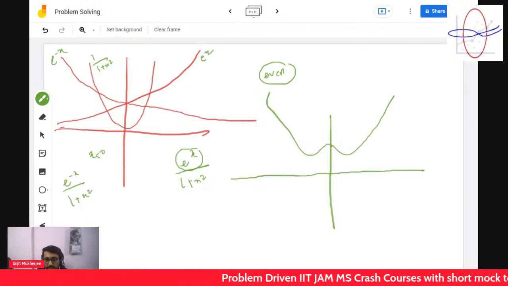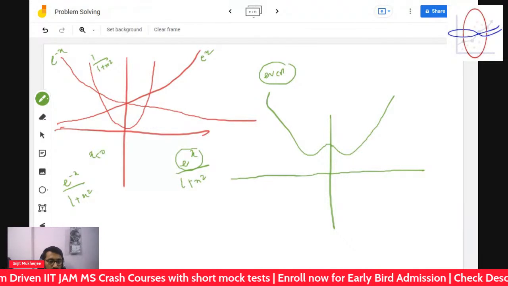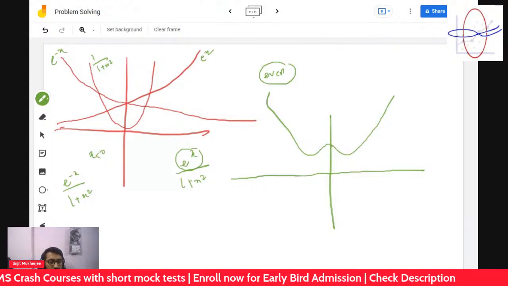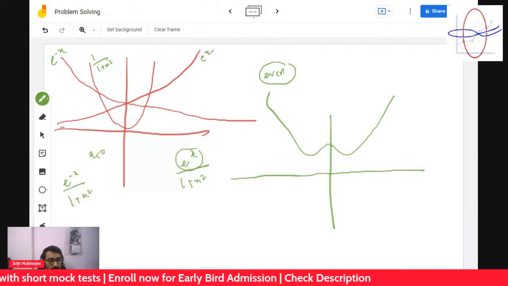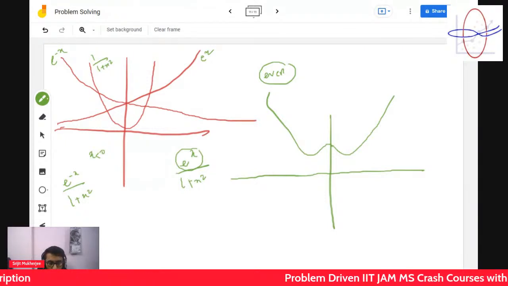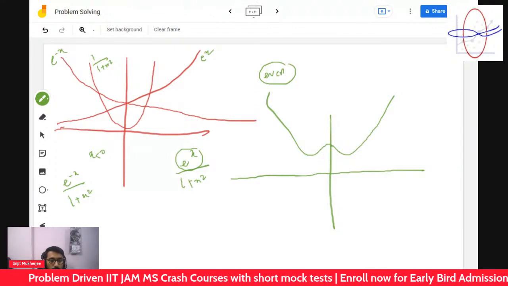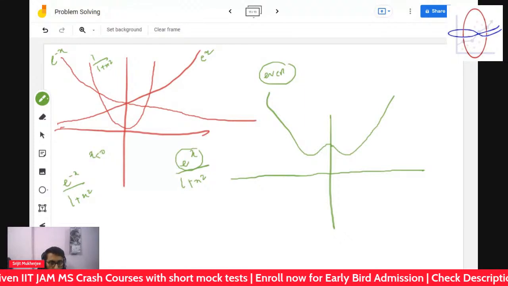This is a bit hard in the exam hall, and this type of question may also not come. But my thinking is that we should work it out, otherwise it will take some time. We have to differentiate it. Just give me a minute. As e to the power of mod x is in the numerator, as x increases the numerator will increase more rapidly than the denominator.